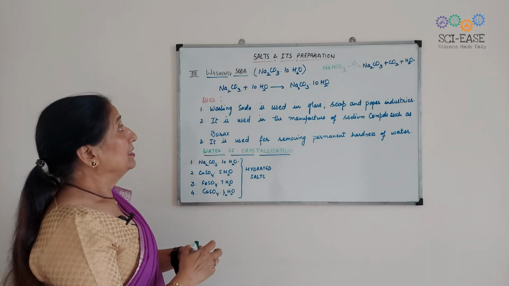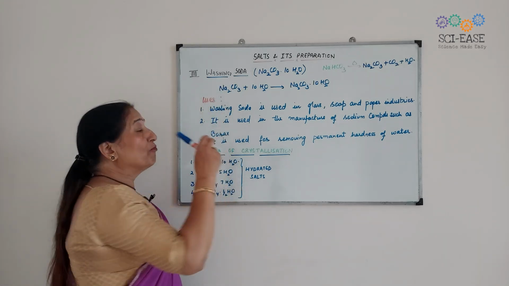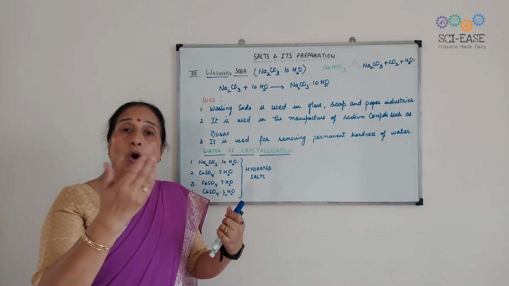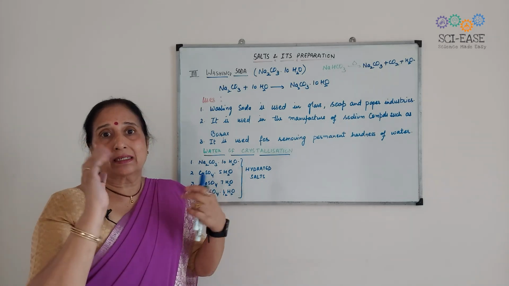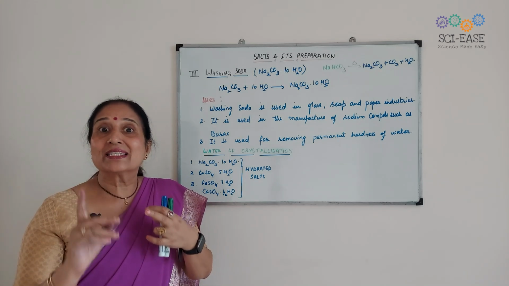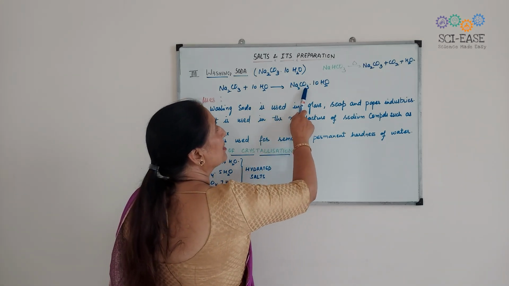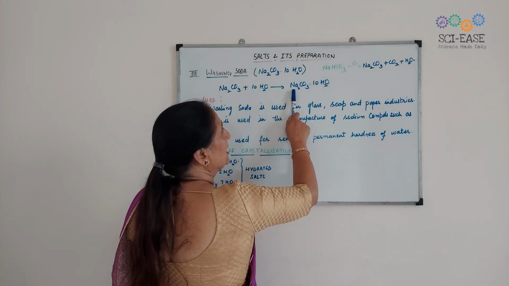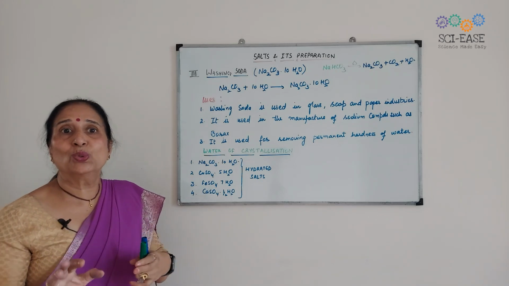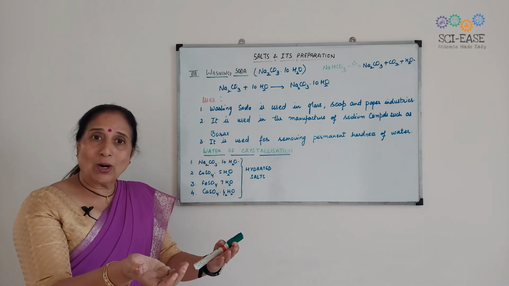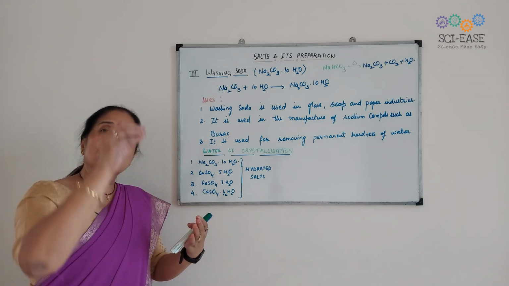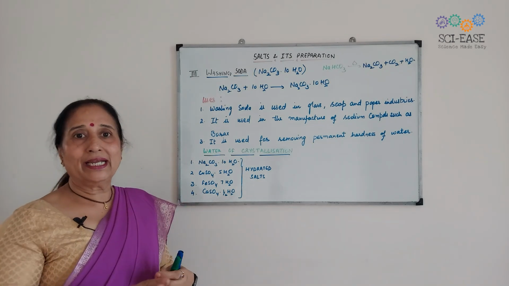Now, when some water is added to sodium carbonate or it is exposed to air, what will be the result? The result will be sodium carbonate decahydrate, Na2CO3 and 10 water molecules attach to it, when the salt Na2CO3 is exposed to air or some water is added to it.